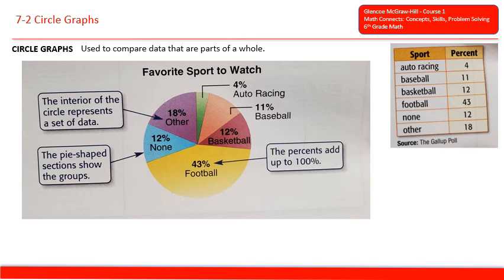And the percents add up to 100%. When we add up all these percents, we get 100%. And you can add up the numbers in the table, and you'll get 100%.